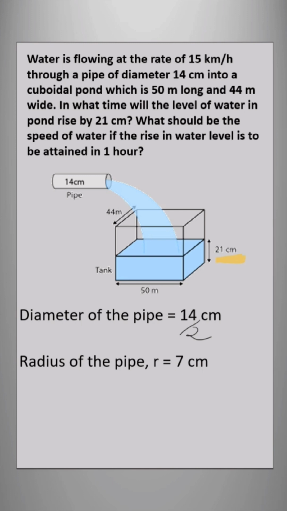All the other units are in meter, so all the units should be the same. 100 centimeter is 1 meter, so 7 centimeter is 7 by 100 meter. We also know that water is flowing at the rate of 15 kilometer per hour.